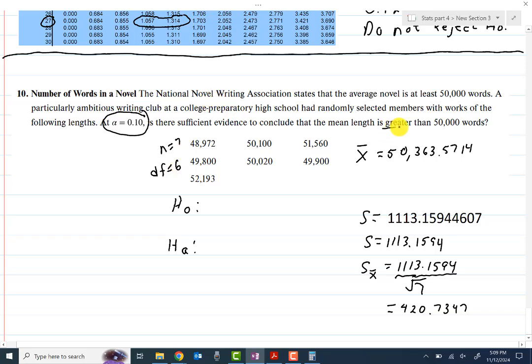So we see the term greater than 50,000 words. So we know the claim, mu is greater than 50,000. That's the claim. And this is right-tailed. So H naught must be mu is less than or equal to 50,000.